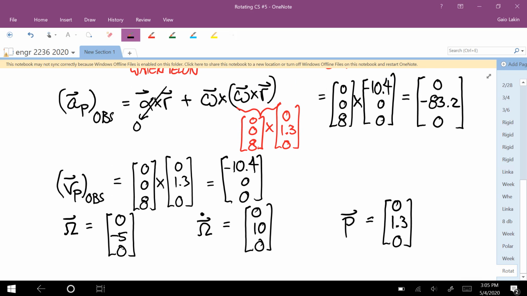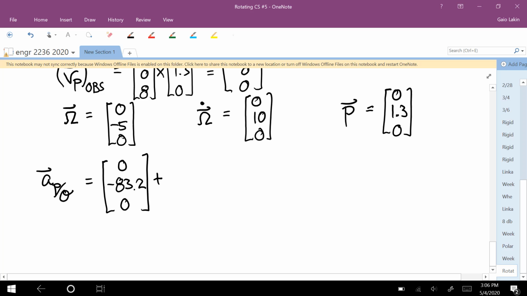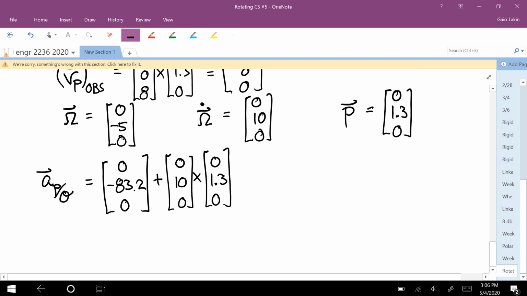That's the thing we calculated. So that's (0, 0, -83.2). And then plus omega dot of the coordinate system crossed with p. Notice that those two vectors are parallel, and a cross product of parallel vectors is always 0, so this one goes away.